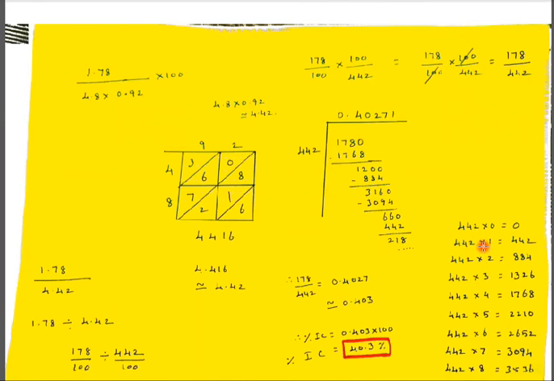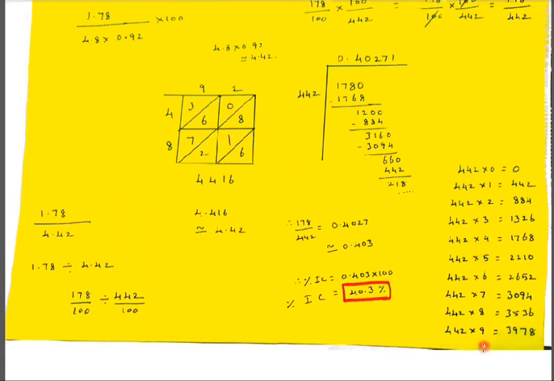Write the 442 table, 1 to 9, if you know it. 442 into 0 is 0, 442 into 1 is 442, 442 into 2, and so on. Now 442 does not go into 178, so put 0 point. Then take four digits: 1780. The value below it is 1768, so it is 4 times.